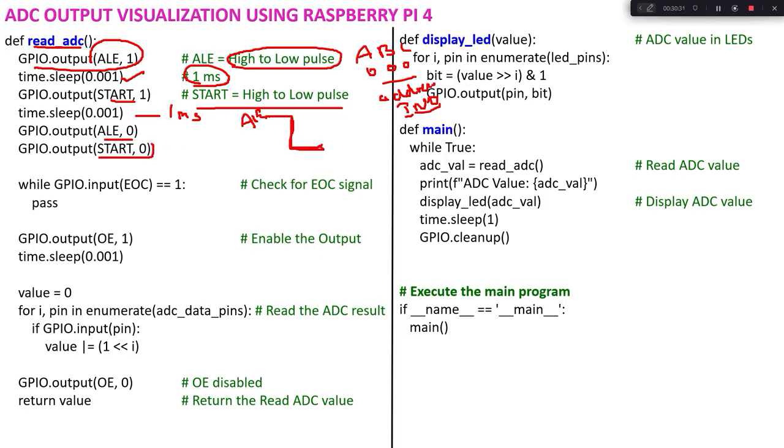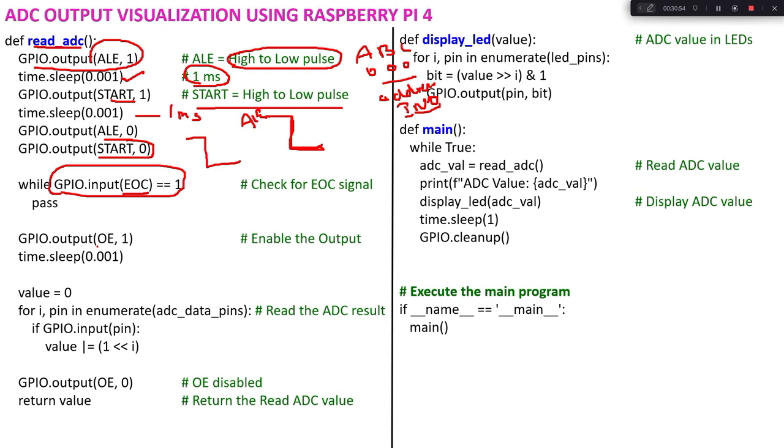In the same way, the start signal also goes to 0, so I have a high to low pulse here. So once conversion is started, we are waiting for the end of conversion signal. Once the conversion is complete, the end of conversion signal will be generated. So once this input changes to 1, I need to read the result. Now the result is available, I need to read it.